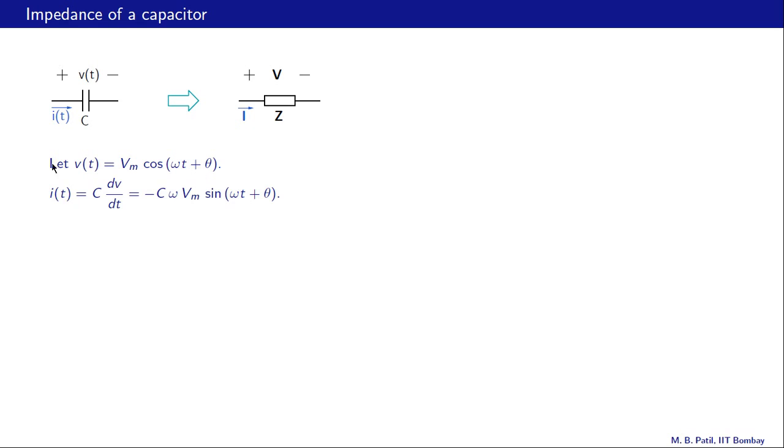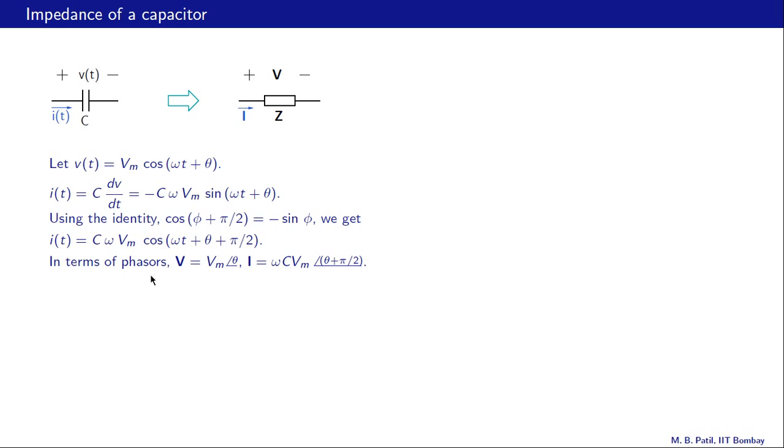Current in that direction is C dV dt, and when we differentiate this quantity we get minus C omega Vm sin omega t plus theta. And now we can use the identity cos phi plus pi by 2 is minus sin phi, and we get I of t equal to C omega Vm, these three terms here, times cos of omega t plus theta plus pi by 2, like that.